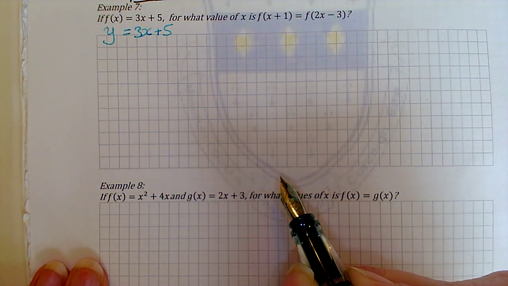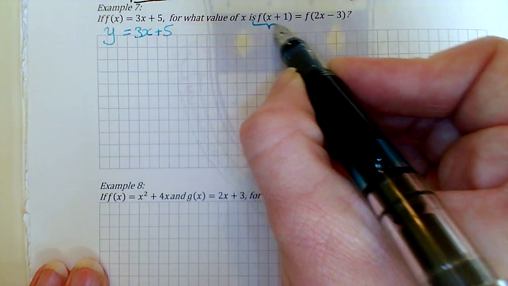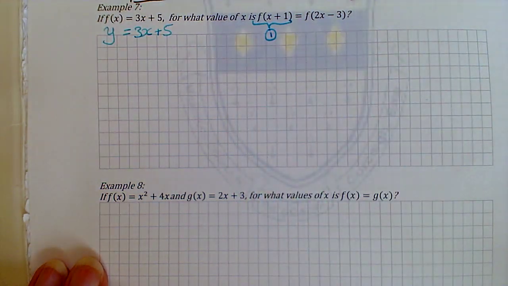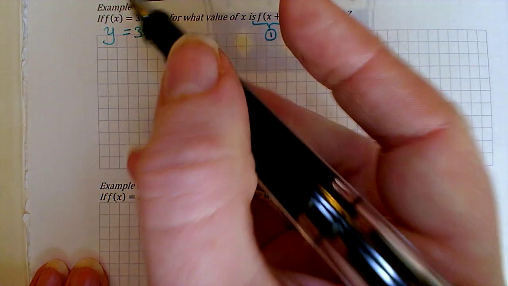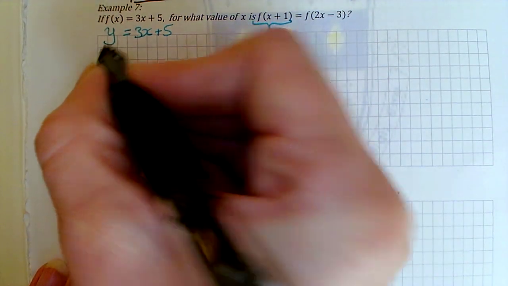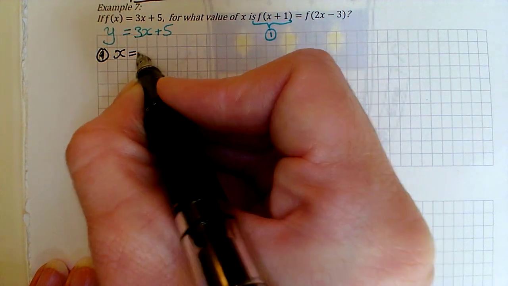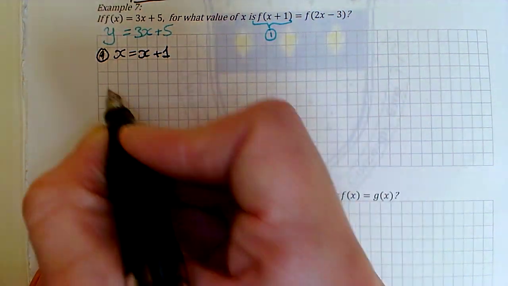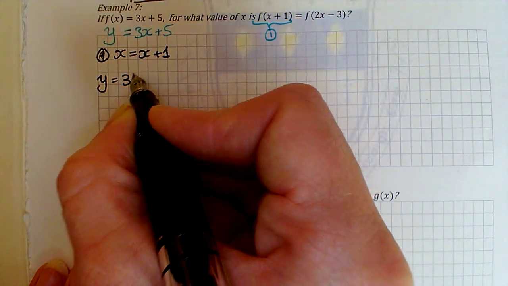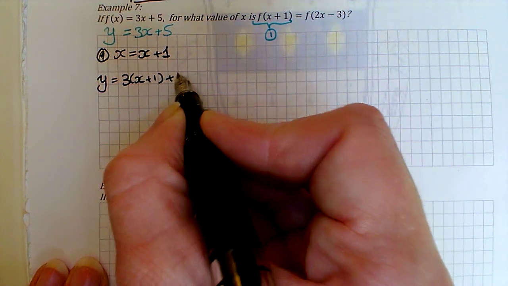There's our definition. And we've one piece of information here, and that first piece of information is that I need to replace x with x plus 1, which means y will be 3 by x plus 1 plus 5.